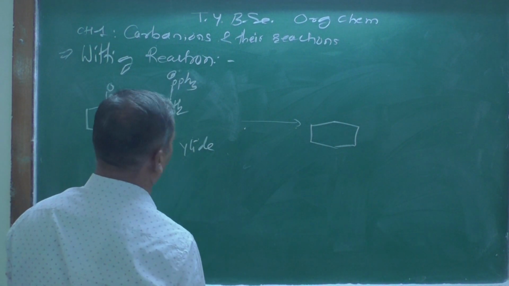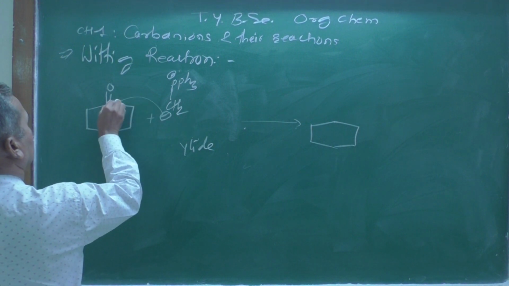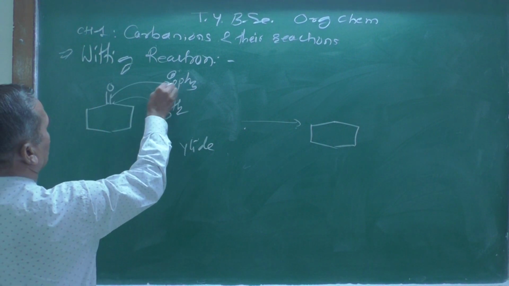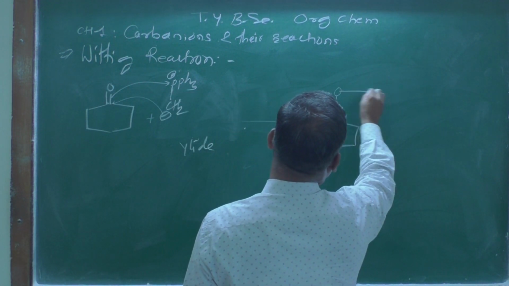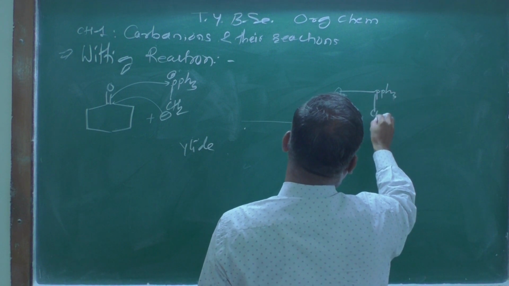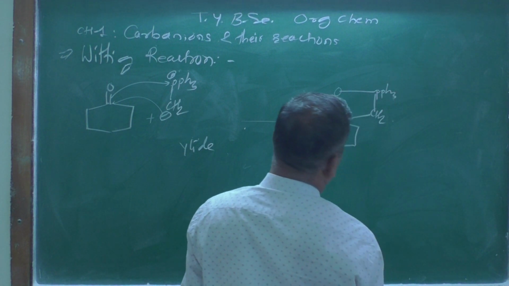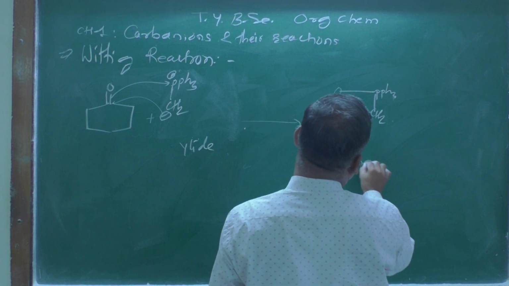From the mechanism point of view, we are writing it like this: the negative charge attacks over there, and you are going to get oxygen over there, and then here is PPh3, then CH2. This is the betaine intermediate, and this species is called the betaine intermediate form.